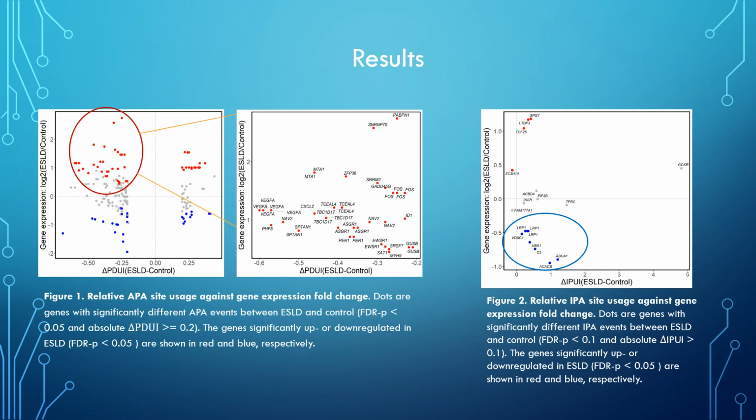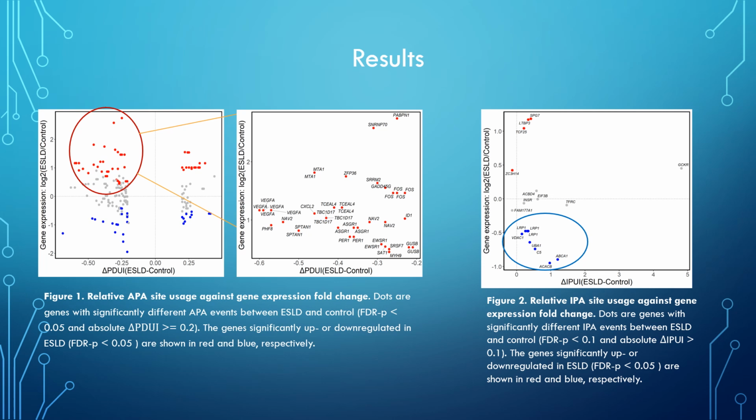In our analysis, we identified 261 significantly altered 3' UTR APA events across 163 genes, with a strong bias towards shortening. Among these, 22 genes, including several liver disease-related genes, have shortened 3' UTR, and they also have increased expression in ESLD.